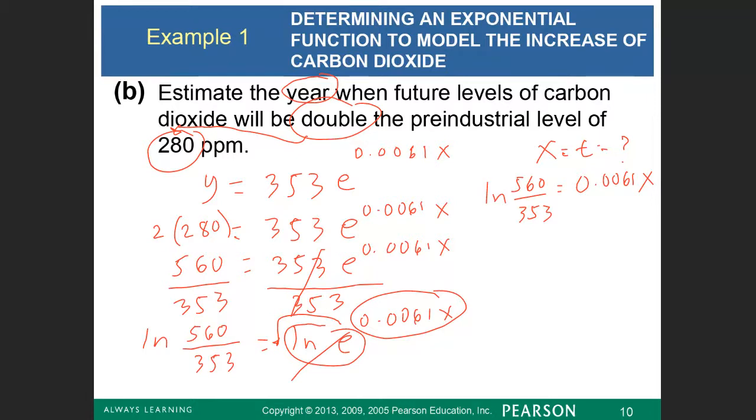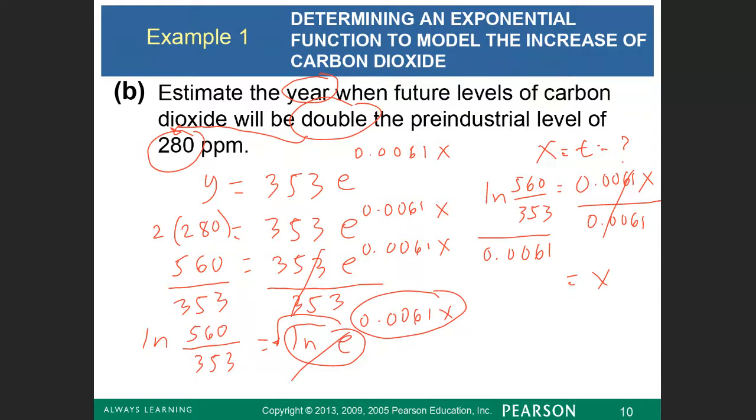And we have to eliminate the 0.0061 by dividing by the same number and doing the same thing on the other side. Okay, and this cancels out, so you will have x on the right side, and we calculate the left side to get the answer. So that would be ln.